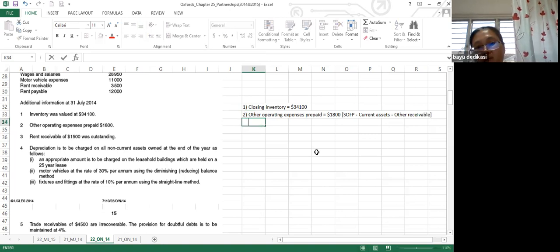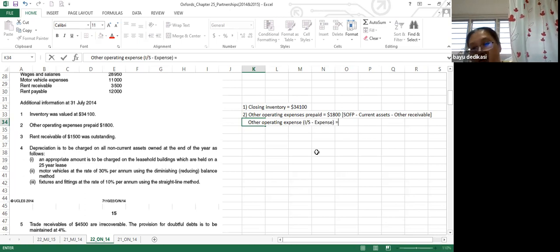And your amount for the other operating expenses, this one is for the income statement under expenses.